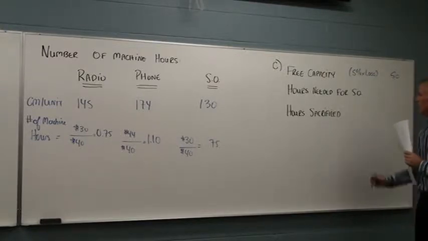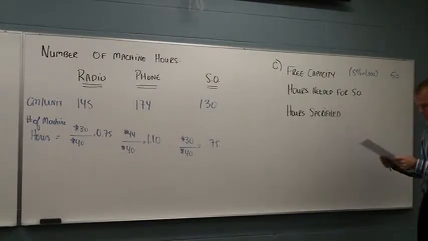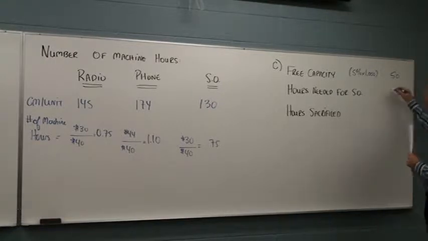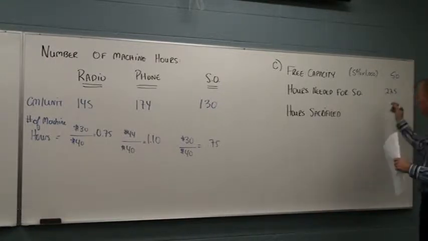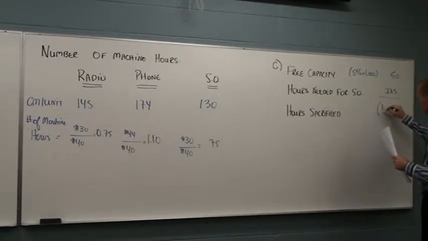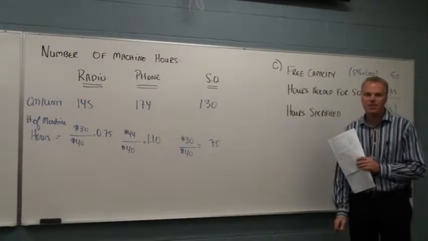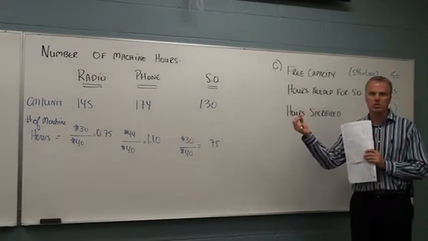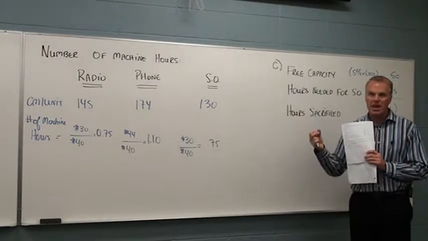Now the hours needed for our special order, we are told, equal 225. So therefore, we're going to have to sacrifice 175 hours in making another product.